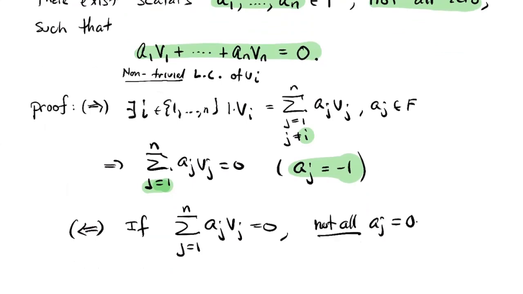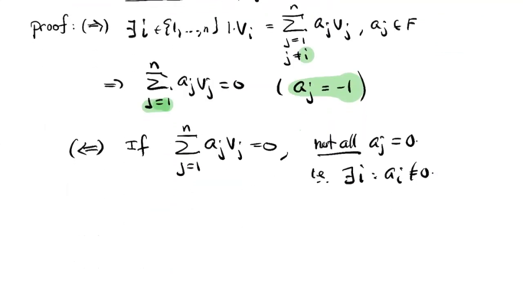Okay, maybe that's a sloppy way of saying that means there exists some i where a_i isn't 0. Okay, so in the same way that we just did, we could take that term and pull it off: a_i v_i would equal what?